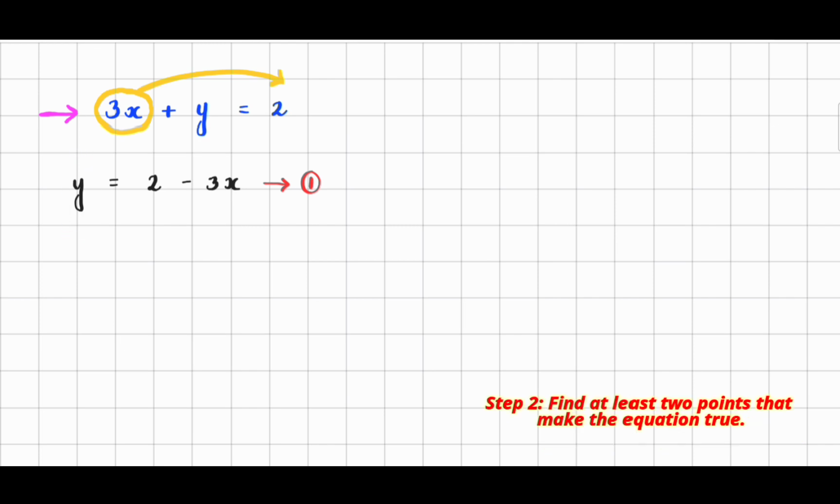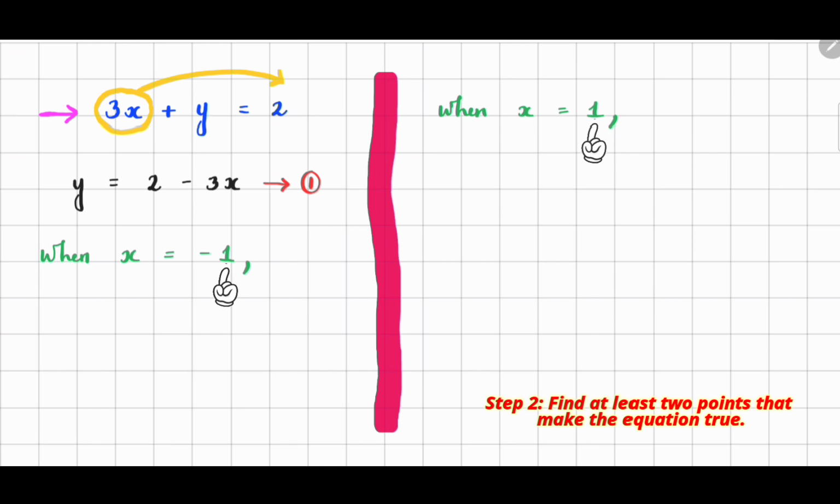So let's move on to step 2. Find at least 2 points that make the equation true. So pick 2 random numbers for x. Say negative 1 and 1, and with these values, let's see what we get for y. If we put negative 1 in place of x in our equation 1, it becomes y equals 2 minus 3 times negative 1.